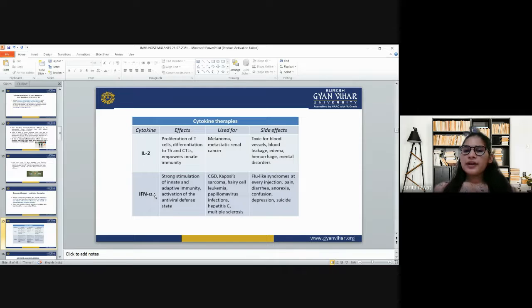The side effects include a flu-like syndrome at every injection, pain, diarrhea, anorexia, confusion, depression, and suicide. So these are some cytokine therapies, their effect, use, and side effects.